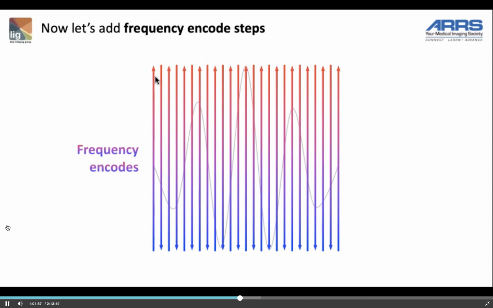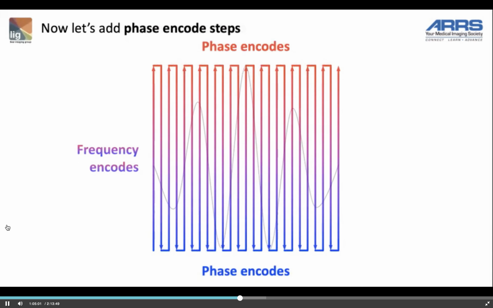Now, how do we get, though, from one frequency encode to the other? Well, we apply phase encode steps to sort of blip from one readout line to another. And basically, by doing all of this across about 50 milliseconds, we can fill all of k-space with one set of frequency encodes and phase encodes.